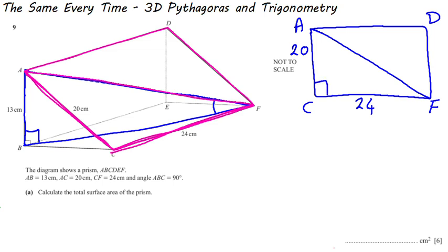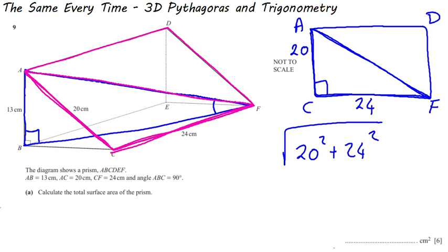So if I want the length from A to F, it's a Pythagoras theorem situation because I have a right angle triangle, half a rectangle, and it's the longest side, so it's square, square, add, square root.